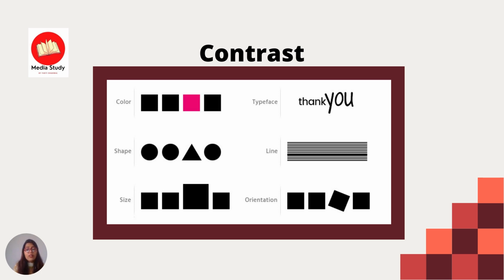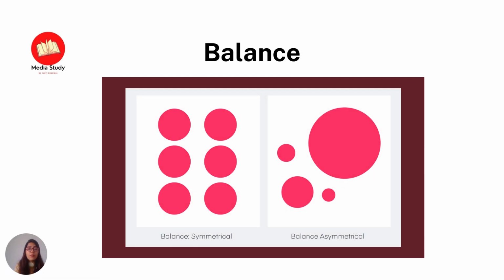So when we set a difference with respect to color, shape, size, typeface or font, width of a line, as we can see in the image, or orientation, we are applying the principle of contrast in our designing.